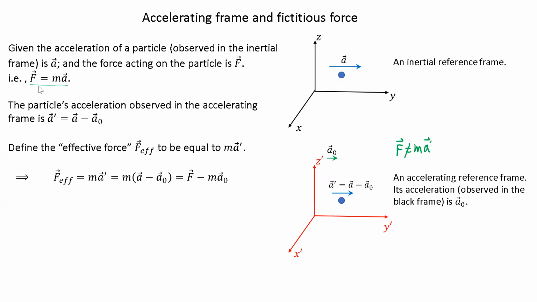This one is correct, F equals ma, but this is not. F is not equal to m a prime, because from here, F is equal to m times a, and a can be written as a prime plus a naught. So F is equal to m a prime plus m a naught. F is not equal to m a prime.